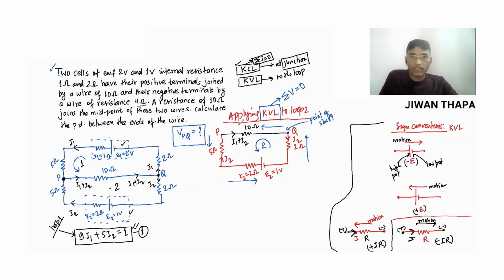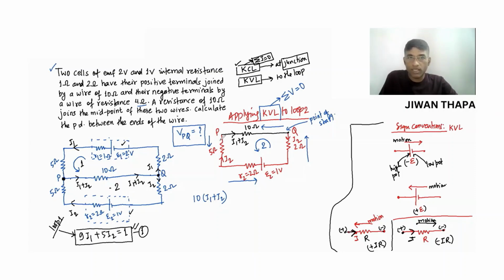Now what we find in the branch PQ is that we are moving opposite to current I1 plus I2. So the product 10 times I1 plus I2 is taken as positive.